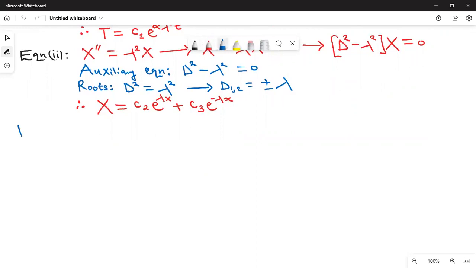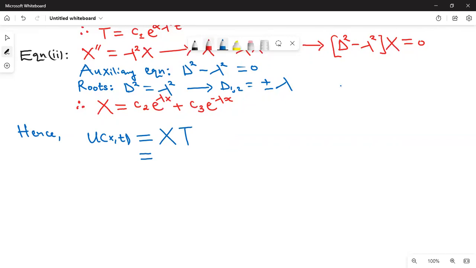So hence, our general solution, which is u, a function of x and t, is simply equal to the product of x and t, x capital times t capital.